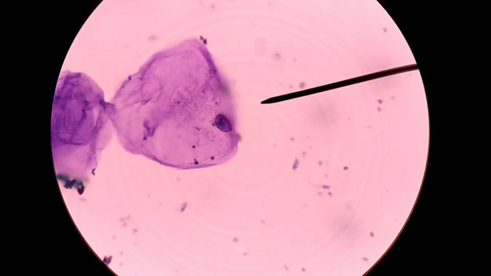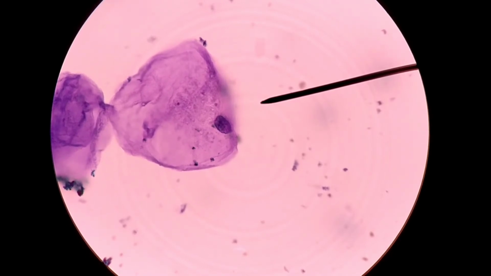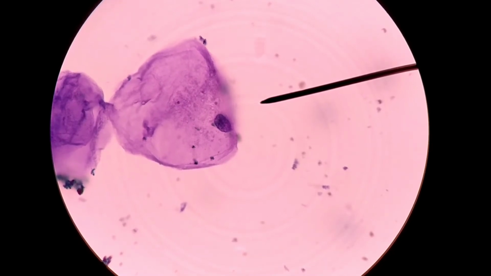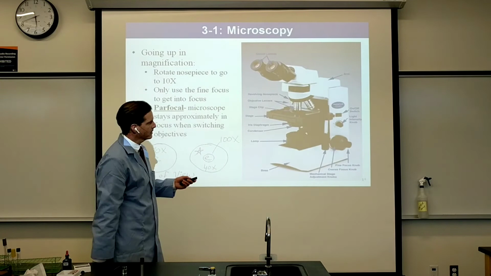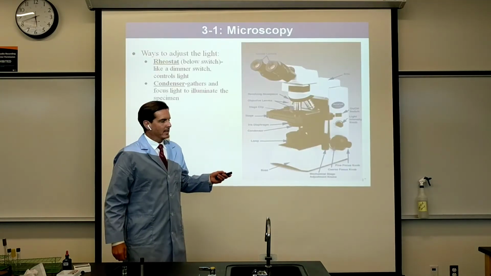Take into account how small the bacteria are, those little tiny purple dots or blue dots, and then how big the nucleus and, of course, the whole cheek cell itself is giant compared to the bacteria. So now we've seen the cheek cell at 1000x maximum magnification, and we'll go back to the picture from the lab manual.